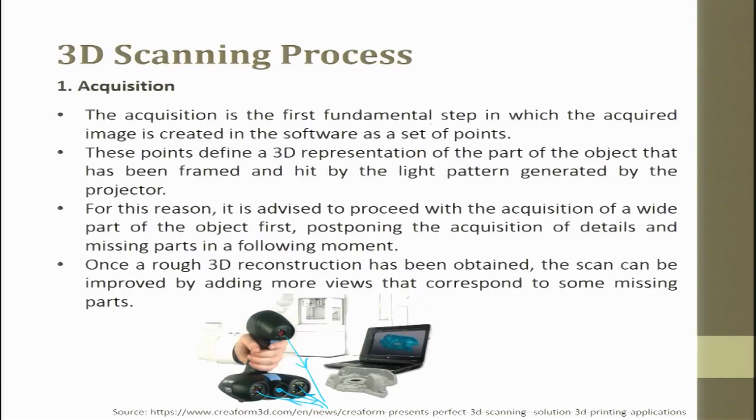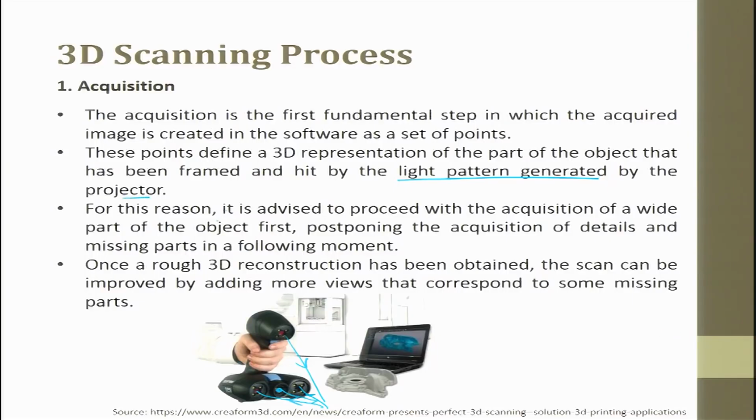So the acquisition is the first fundamental step in which the acquired image is created in the software as a set of points. These points define a 3D representation of the part of the object that has been framed and hit by a light pattern generated by the projector.